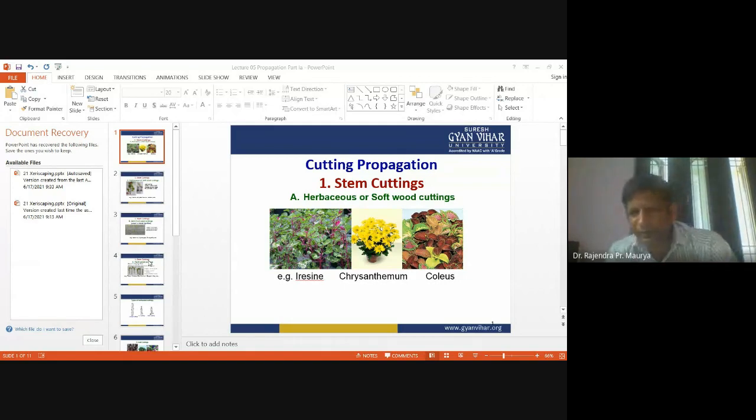Okay, with the help of these pictures you can easily understand. In this one you are looking at the different segments or sections of the leaf.